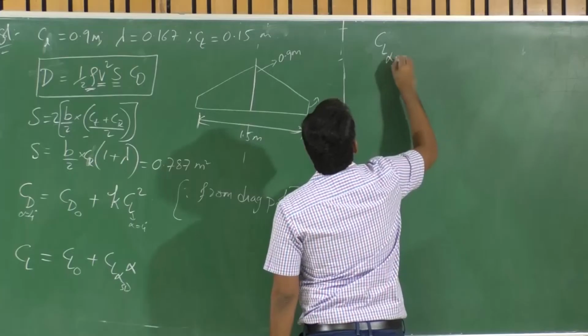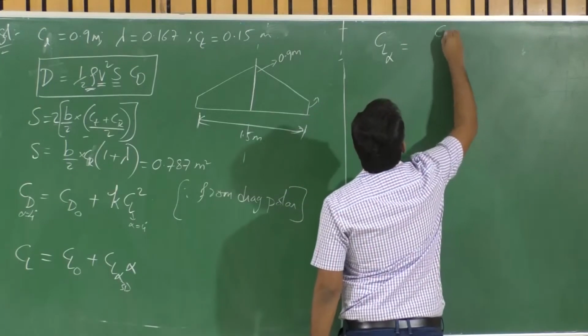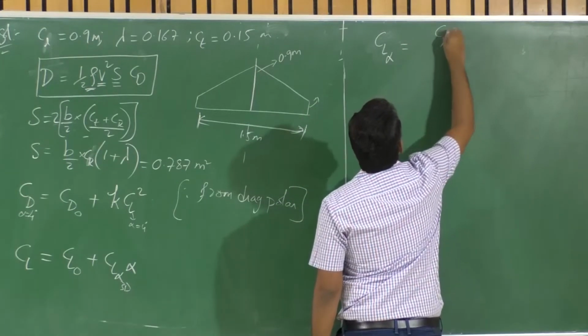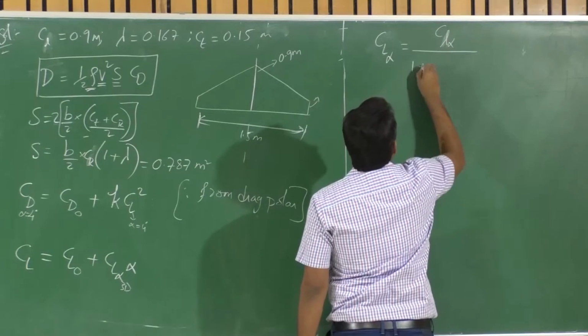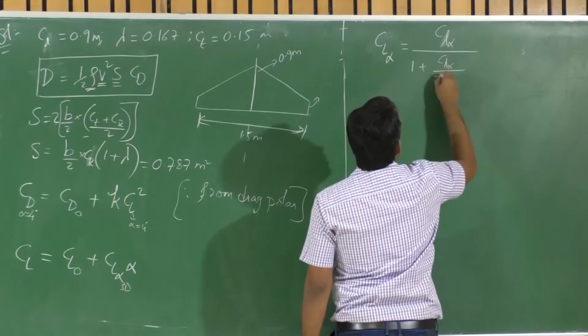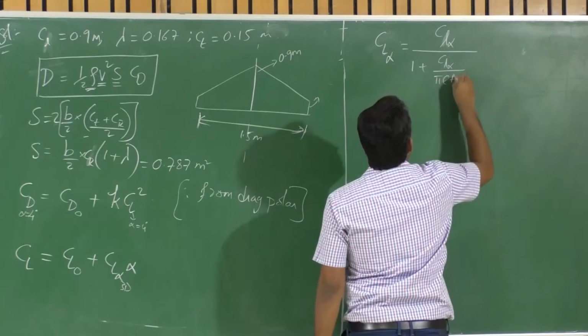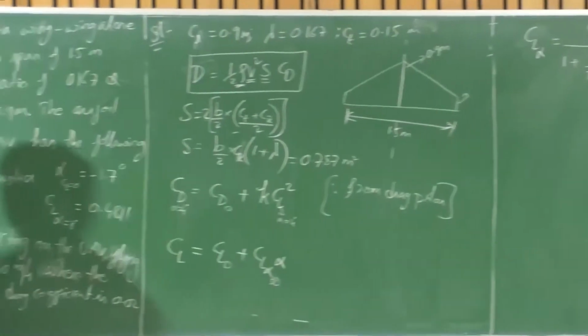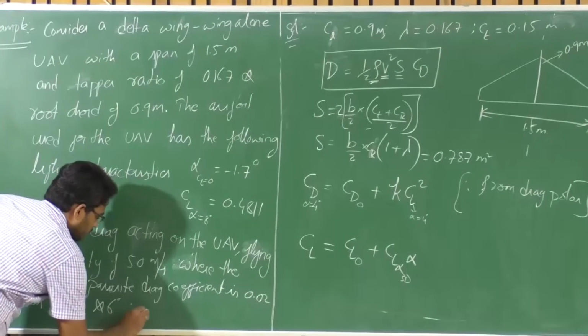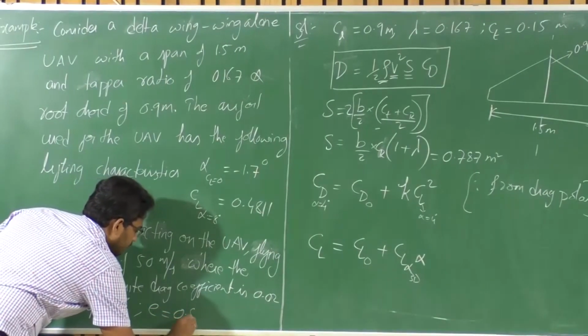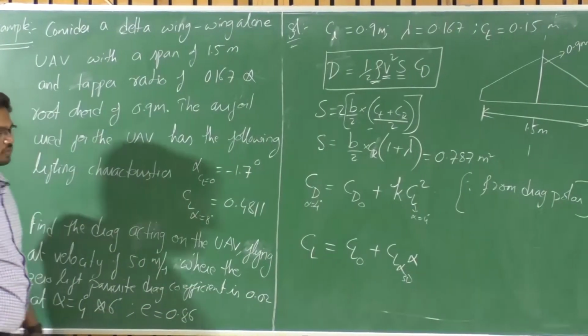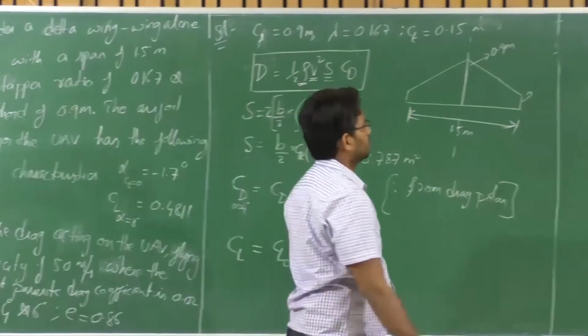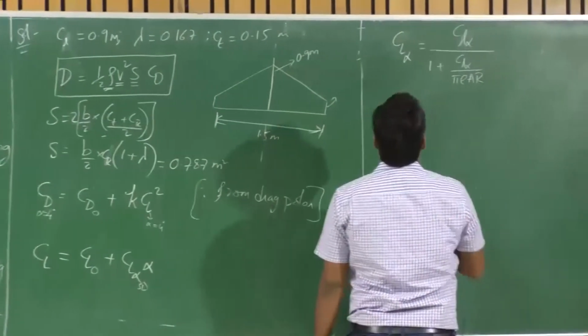Okay, we know CL alpha 3D is equal to CL alpha 2D upon 1 plus CL alpha 2D upon pi E, right? So we need the Ostwald's efficiency, and E is equal to 0.86, the Ostwald's efficiency factor.